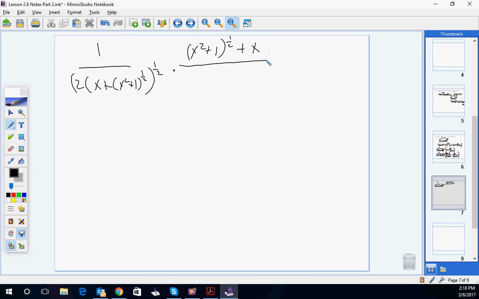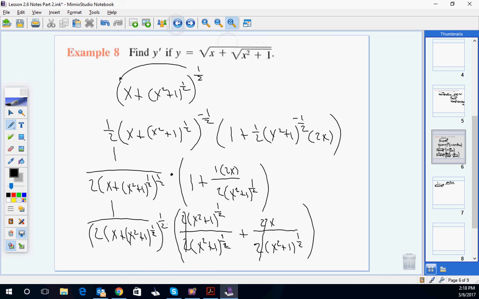Putting those together because they're x squared plus x because they have the same common denominator.